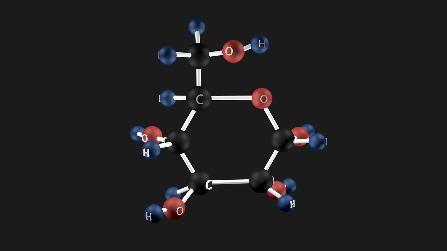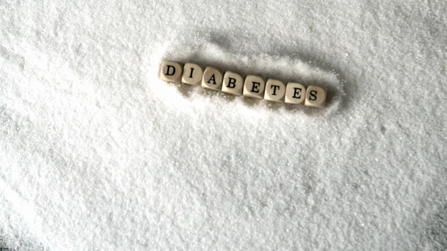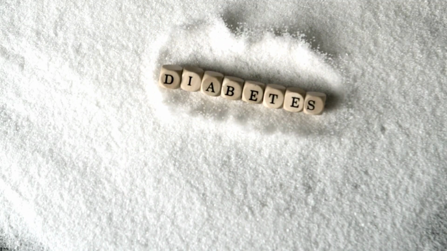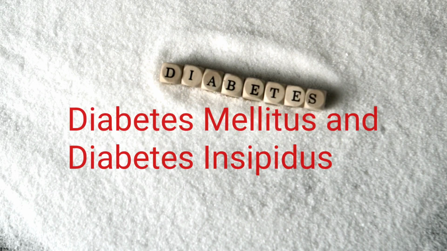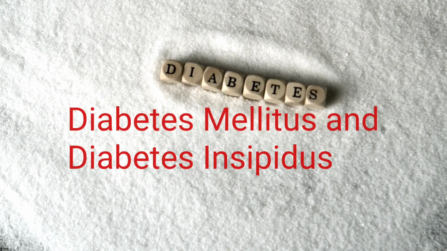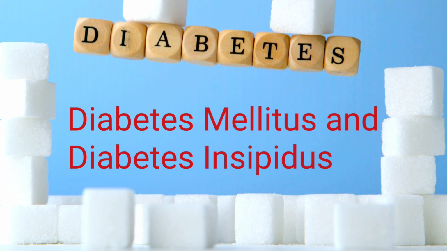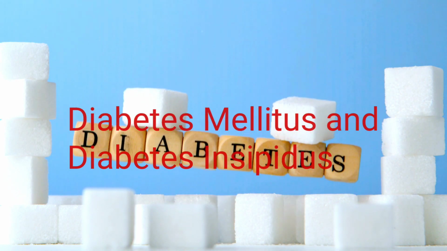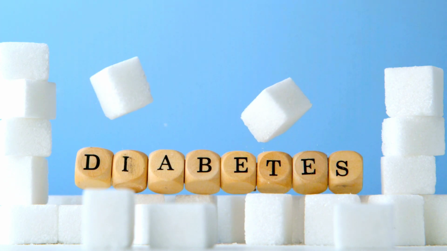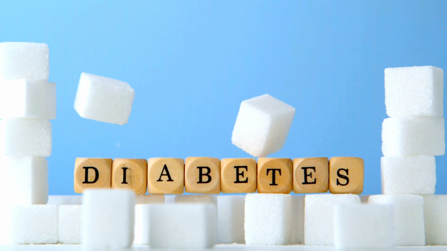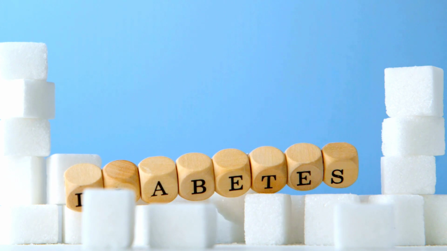So what are the types of diabetes? There are two types of diabetes. We have diabetes mellitus and diabetes insipidus. Diabetes insipidus is a condition of polyuria, that is excessive or frequent urination, and polydipsia.